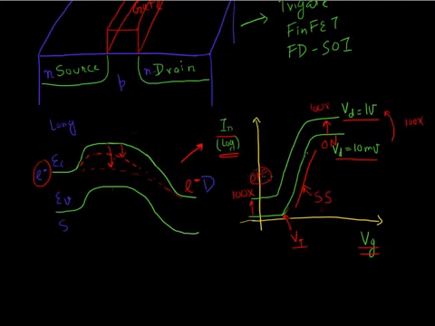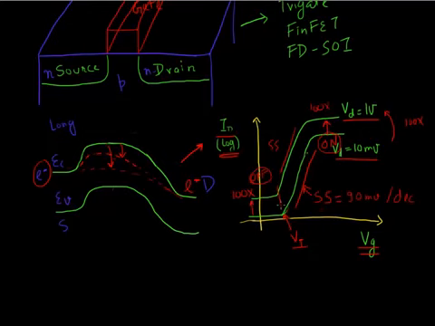and your subthreshold slope, going from 10 millivolt to 1 volt, does not change. So say the subthreshold slope here was 90 millivolt per decade. You see the same subthreshold slope when you go from a lower drain voltage to a higher drain voltage.